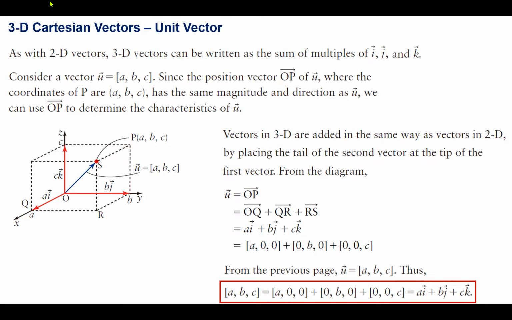So basically, the 3 components also equals a times the unit vector i plus b times the unit vector j plus c times the unit vector k. The 3 components times the 3 unit vectors in the 3 directions, x, y, and z, respectively, right? Okay, any questions?